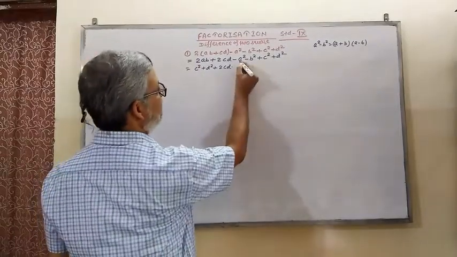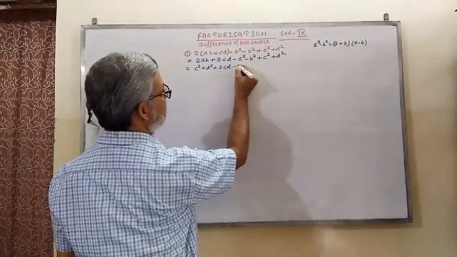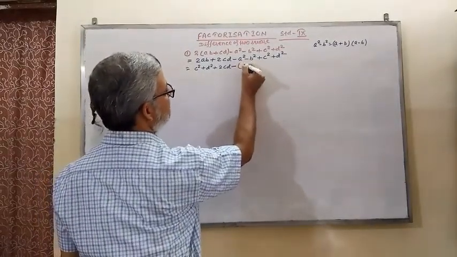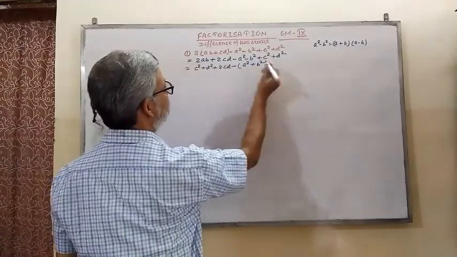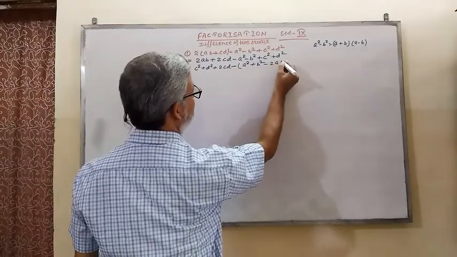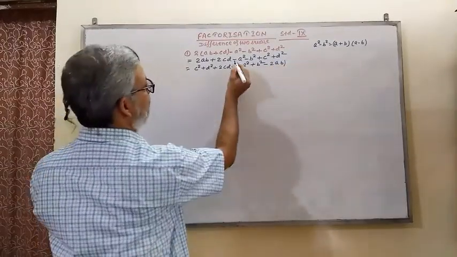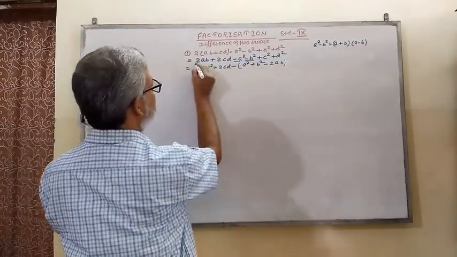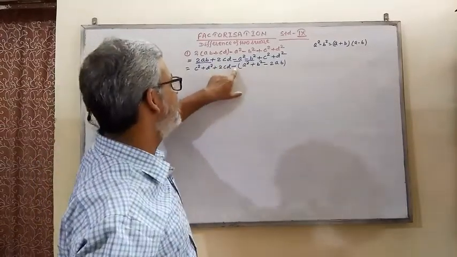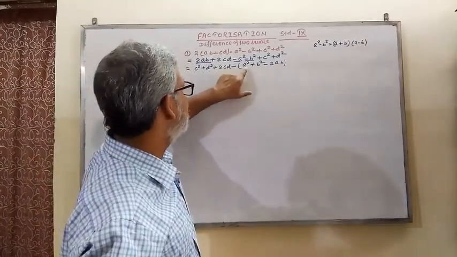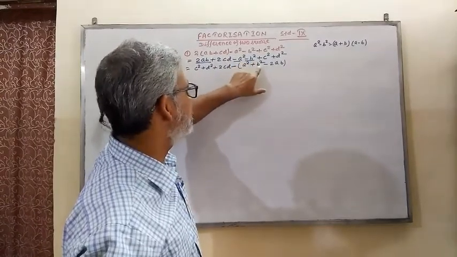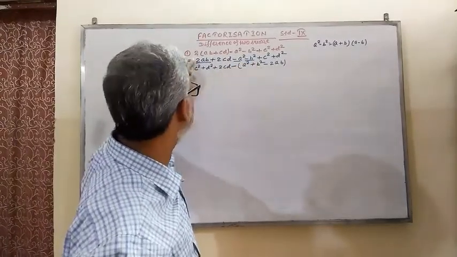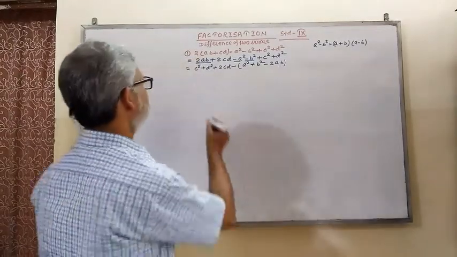It means if you take the minus sign common here, and the b square term and this 2ab term inside the bracket, then inside the bracket minus a square becomes plus a square, minus b square becomes plus b square, and plus 2ab becomes minus 2ab.